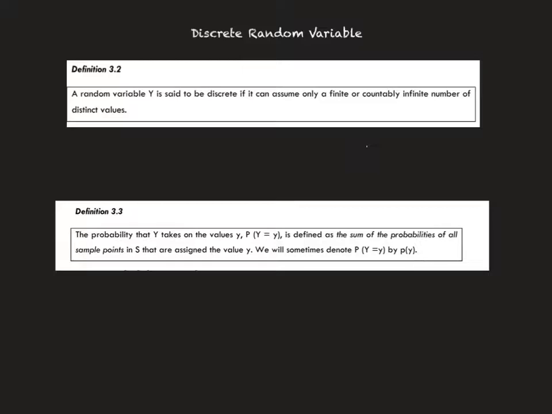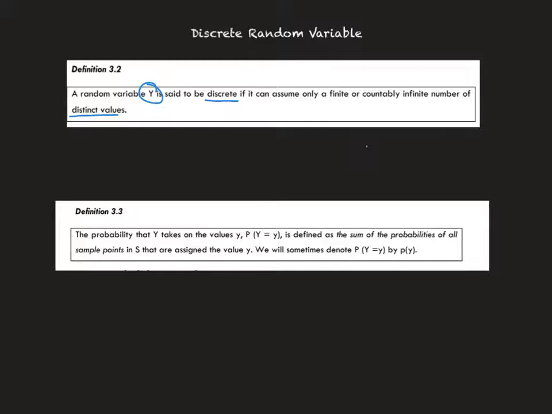So we are going to focus on discrete random variable for this chapter. The first one, a random variable y is said to be discrete if it can only assume a finite or countably infinite number of distinct values.